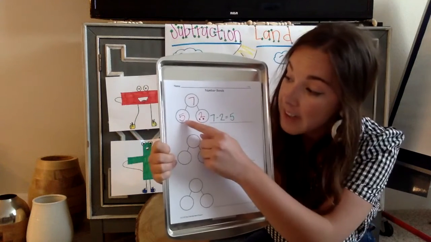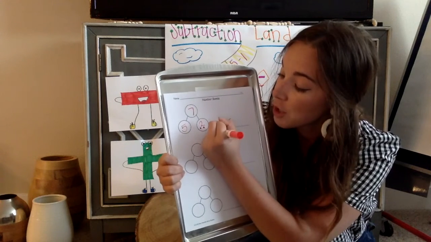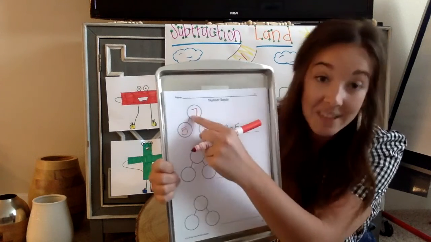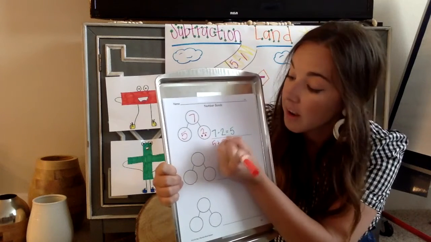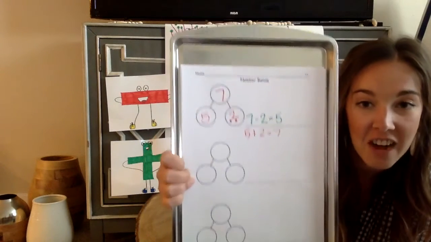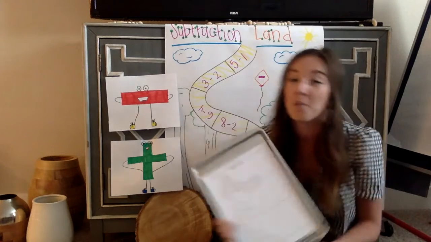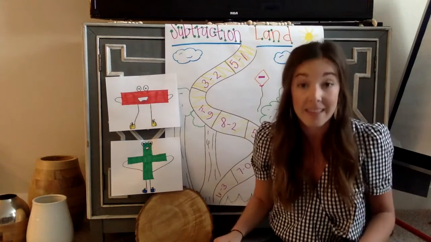We would then say 5 plus 2 equals 7, our whole. Those are both of the ways to figure out this problem. We will try it again and it will make a lot more sense the more we play this game.